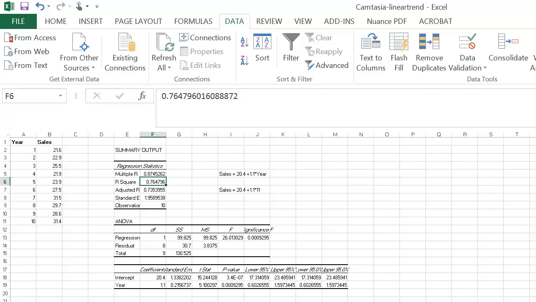Now, it's important to note that the linear trend line that we have fitted is based on our assumption that the linear approximation of the trend is a valid one. And in this case, I've just eyeballed the scattergram and come to the conclusion that a linear approximation is well suited here.